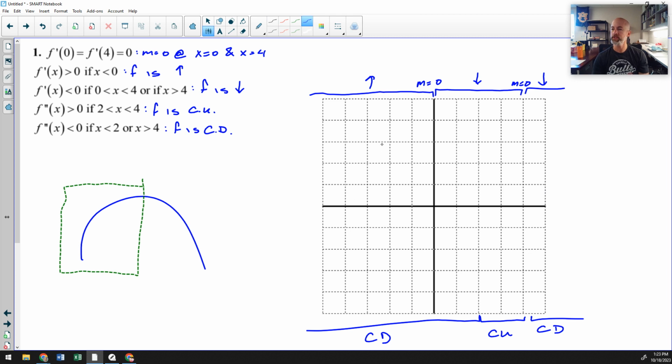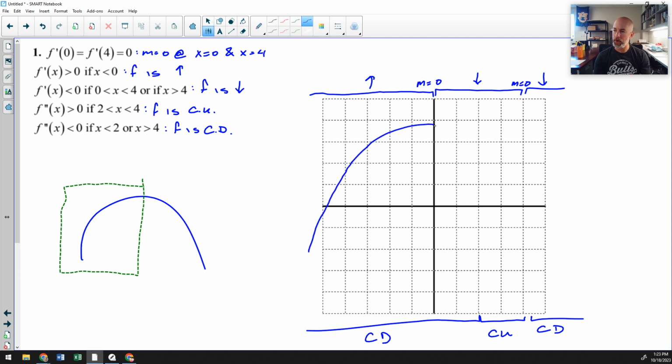I will increase while concave down, keeping in mind that when I get to the y-axis, I should be horizontal. Now, I just happen to hit the y-axis at 4. I could shift that up or down as much as I want, and I'm still satisfying the increasing and concave down piece. I'm just going to leave it right here.